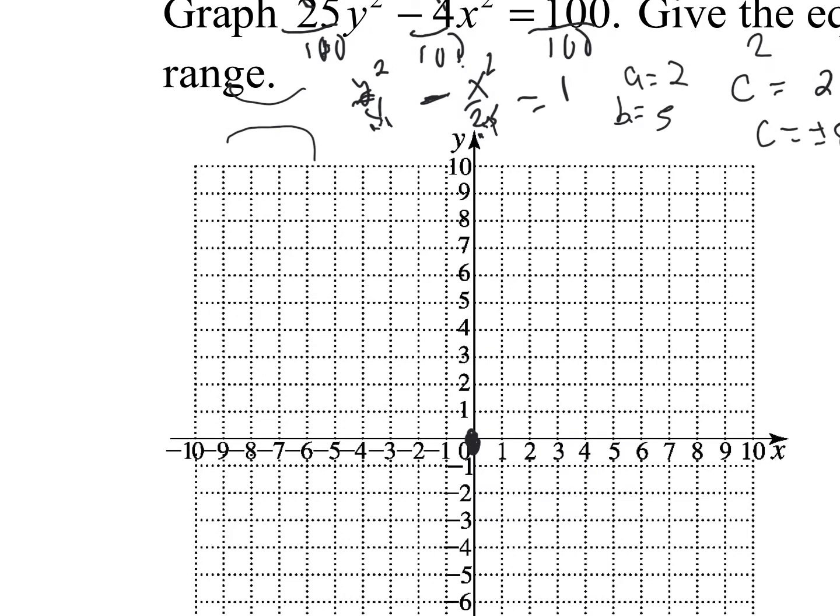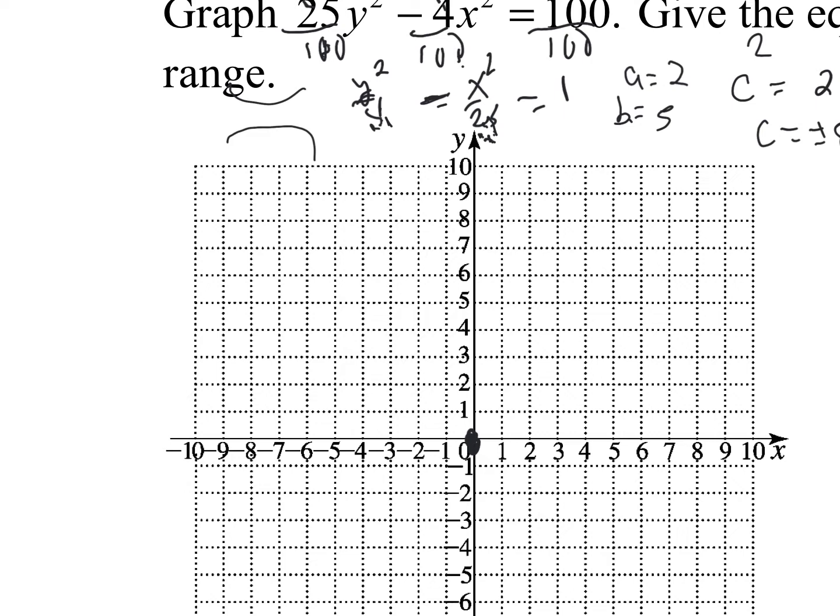So the big number, 25, is on the negative x squared. Well, again, this gets kind of confusing because I want to say to myself, well, how do I graph it? I'm going to do the same thing I did before. I'm going to say, well, in the ellipse, we keep the big number as the a. So I say the square root of 25 is 5.